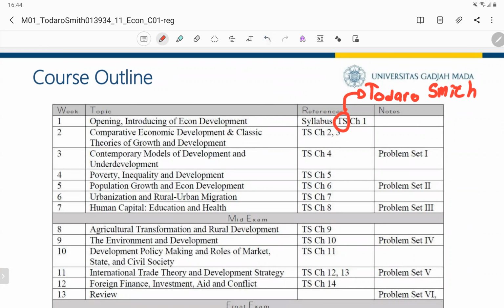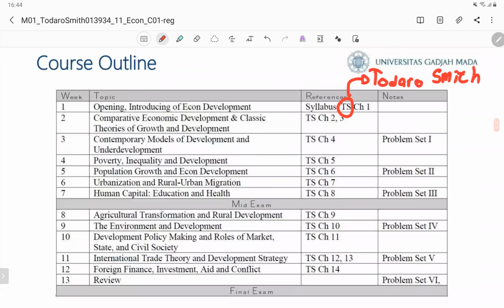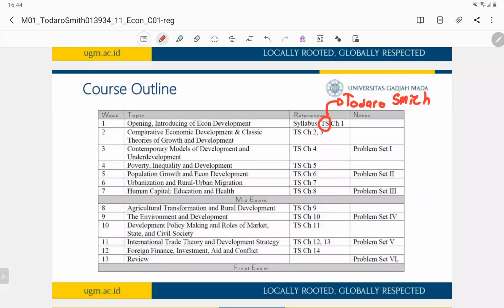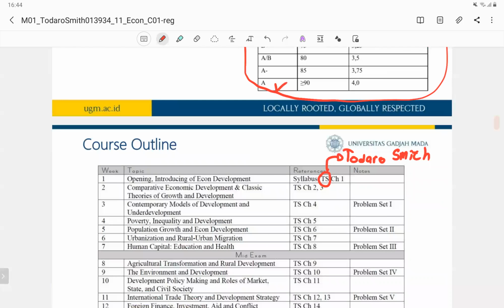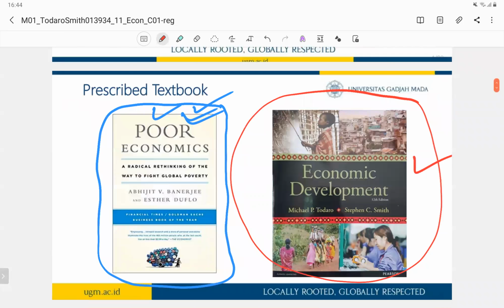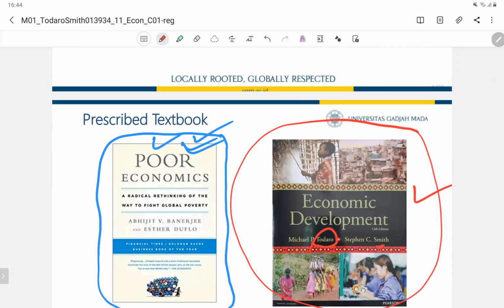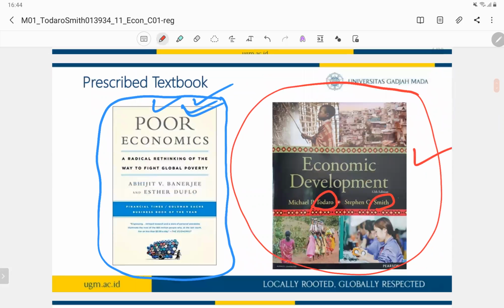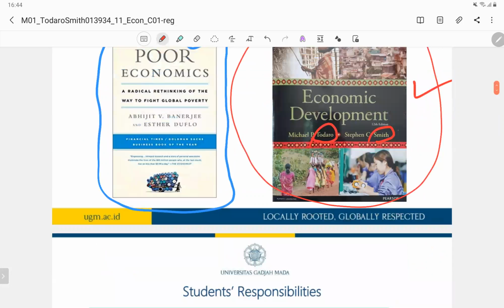So all of the presentation that will be discussed in class is from the Todaro textbook. Todaro is this one. So this is Michael Todaro and Stephen Smith. So all of the PPT will be from Todaro.